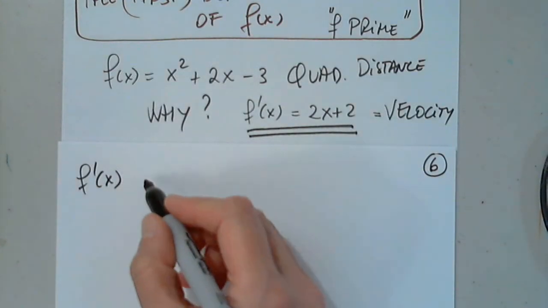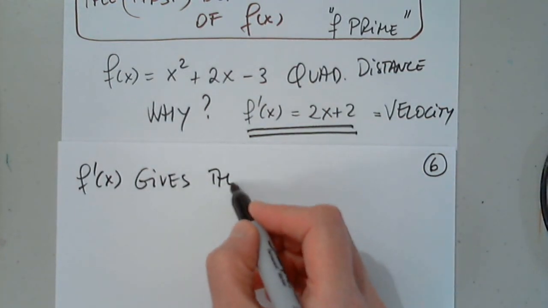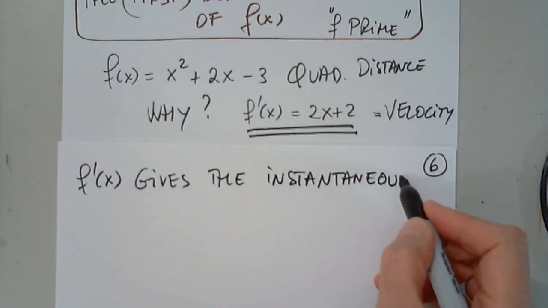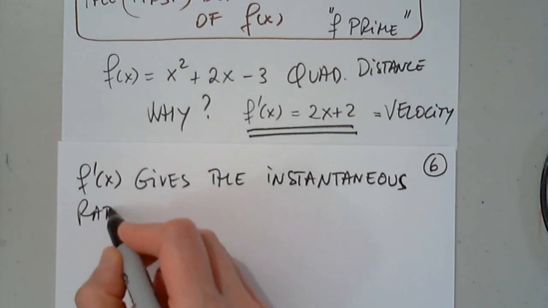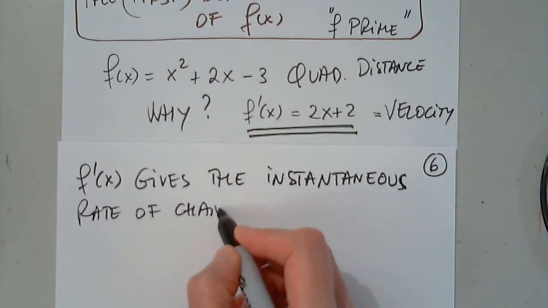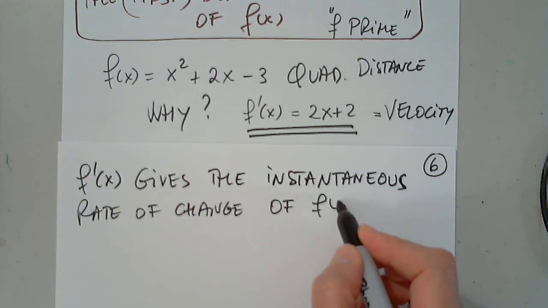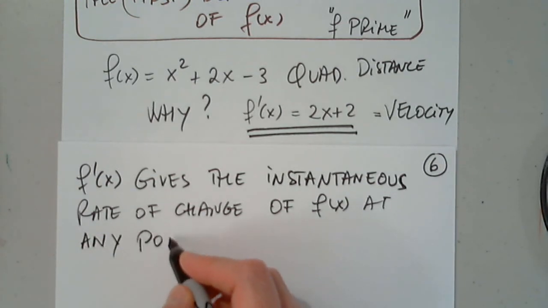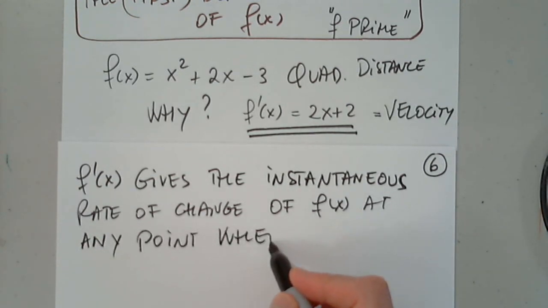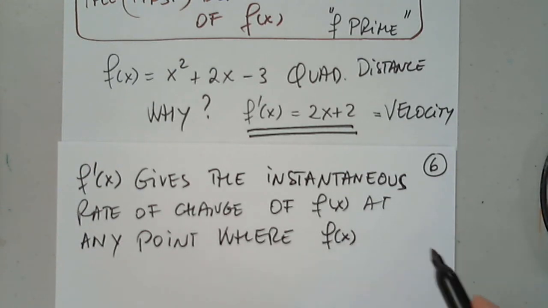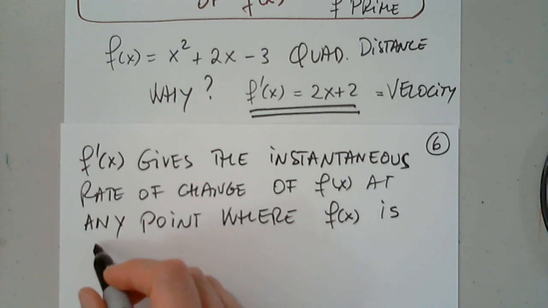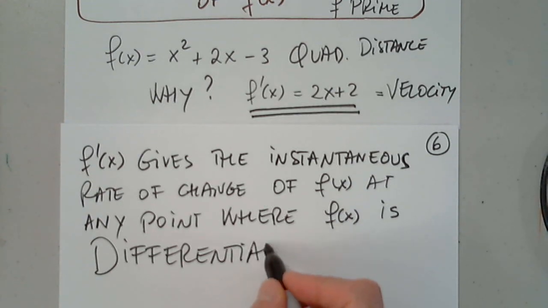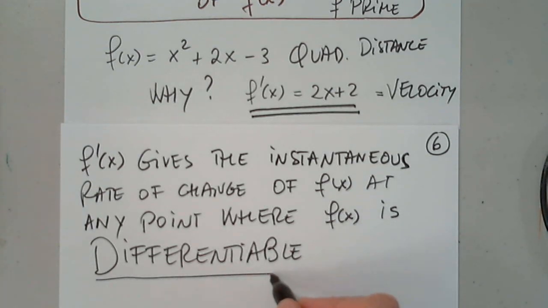F prime of x gives the instantaneous rate of change of f of x at any point where f of x, and this is an important word and concept, is differentiable. This is a full mouth, right?